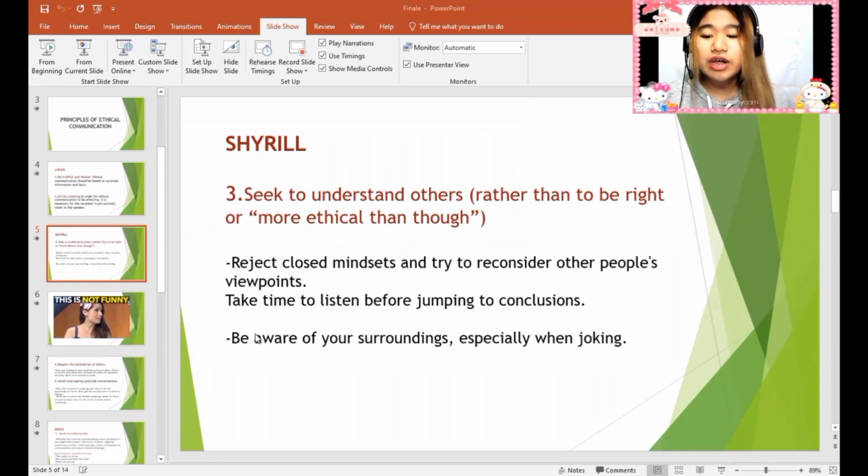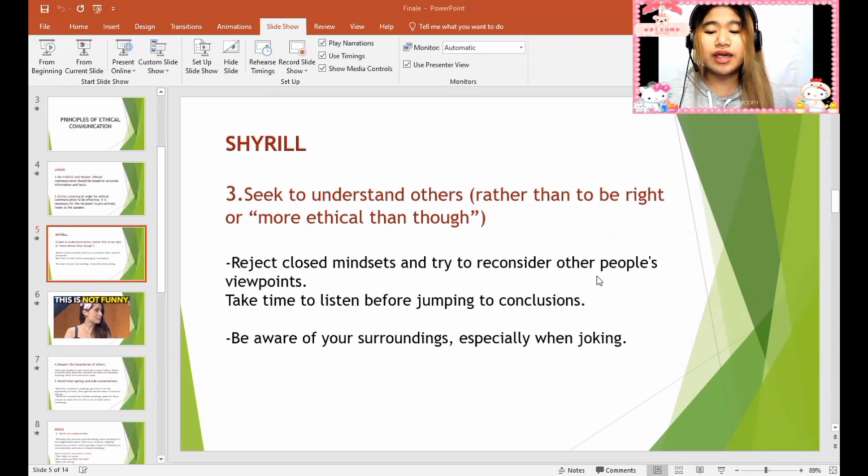It says here, reject closed mindsets and try to reconsider other people's viewpoints. We have to take time to listen before jumping to conclusions. It is so dangerous that if we don't take time to listen to others, sometimes the conversation will lead into commotion. And I think that is quite ineffective.